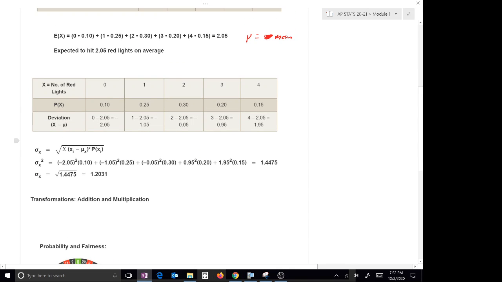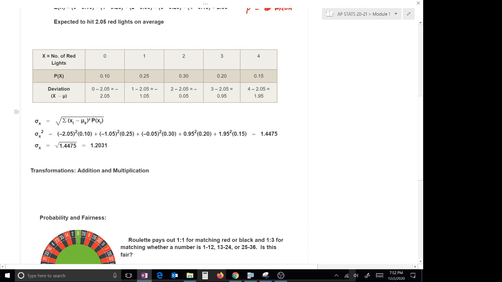Transformations, addition and multiplication. So just remember, you can kind of see how we get a standard deviation, we get a mean, and we're going to end up with some sort of normal distribution, where that's our mean.